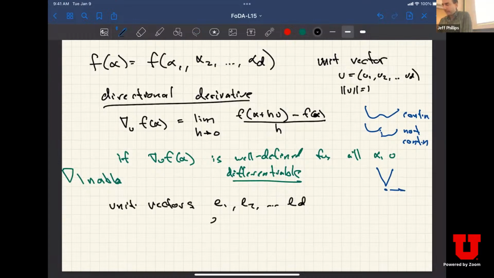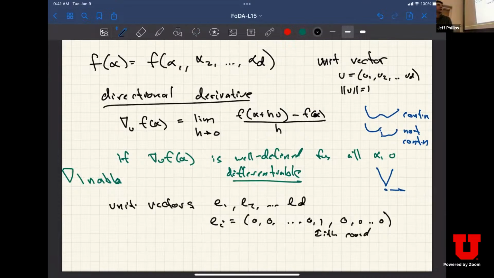A general Ei is going to be a specific unit vector with a simple form: it's the all zeros vector, except the ith coordinate is 1. The norm of this is 1. It's a unit vector. There are d unit vectors like this, so I can take the directional derivative with respect to these unit vectors. These will be useful and they're easy to compute.